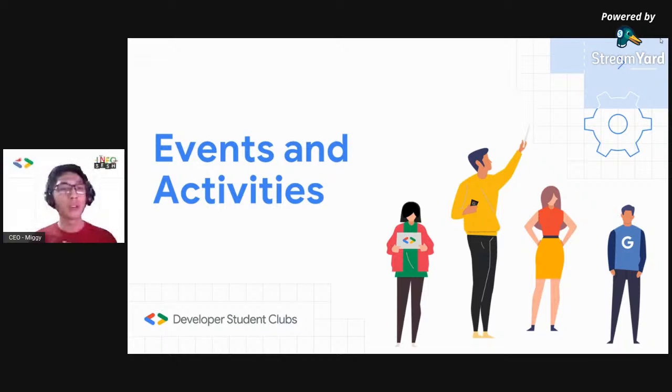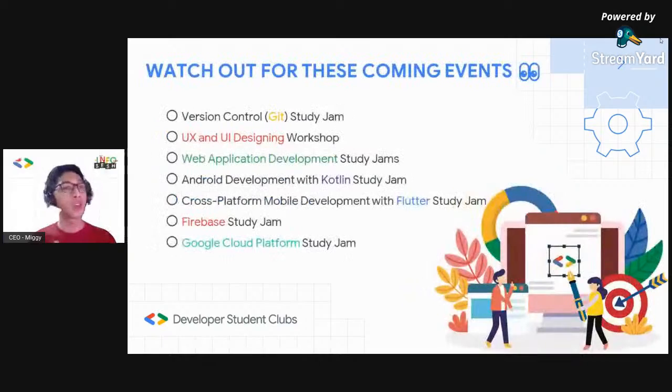For the last part, we would just be giving you a brief overview of the events that we have. As you could see, this is not yet final. I mean, this is not the concrete list of events that we are going to take on in the school year. However, what we aim for at the end of the school year is for you to be immersed in development.